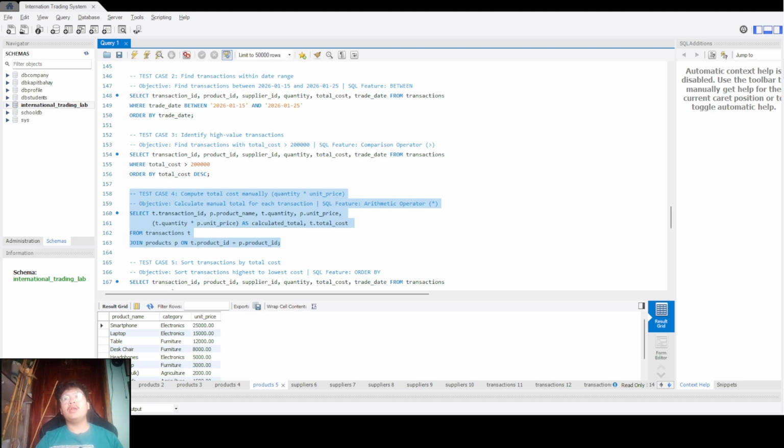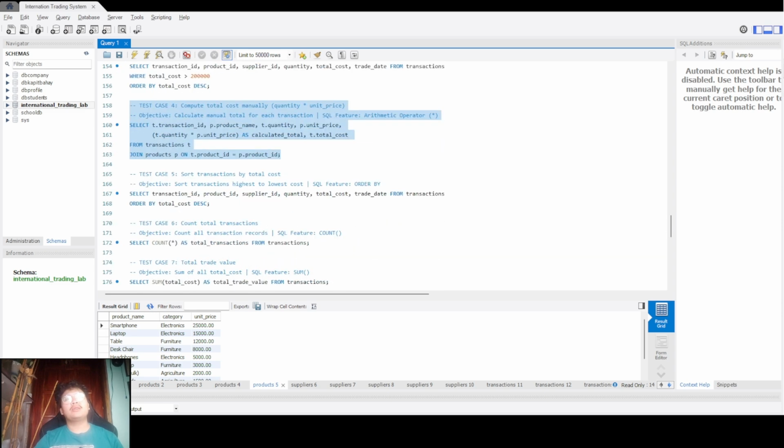Then it calculates quantity times unit price manually using the multiplication operator. Then the AS keyword creates a new column called calculated total to show the result. The result shows 15 rows with the calculated total for each transaction. So you can see if the stored total cost is correct.